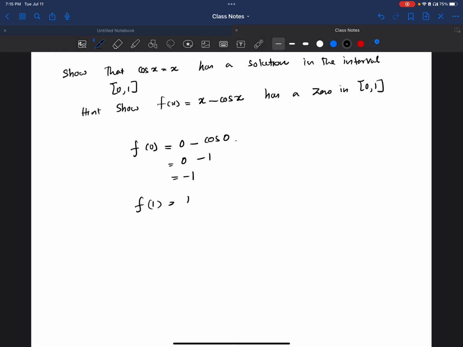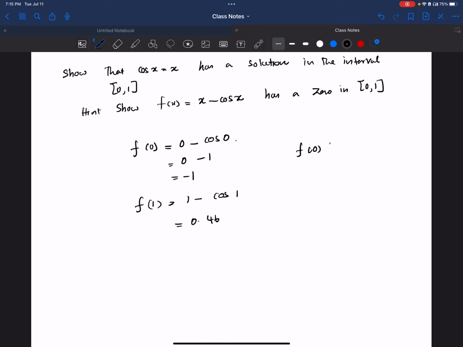F of 1 is 1 minus cosine 1, so we need to calculate what cosine 1 is. 1 minus cosine 1 is equal to 0.46, right? So the sign changes.